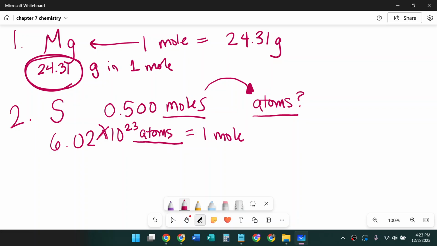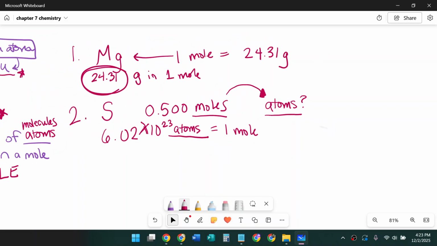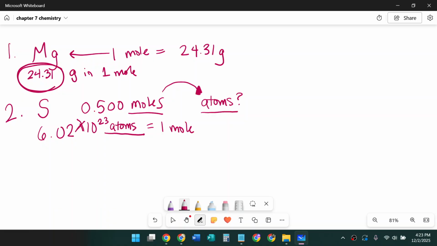So that number, a mole means that number, but in chemistry if we say a mole of sulfur, we're asking about the number of atoms they have. So we now have a relationship. So we can set this up. And we've been doing what's called dimensional analysis, and that's where we take a number and we say, I have this many.